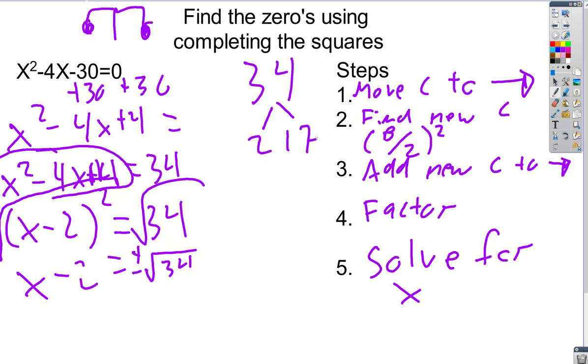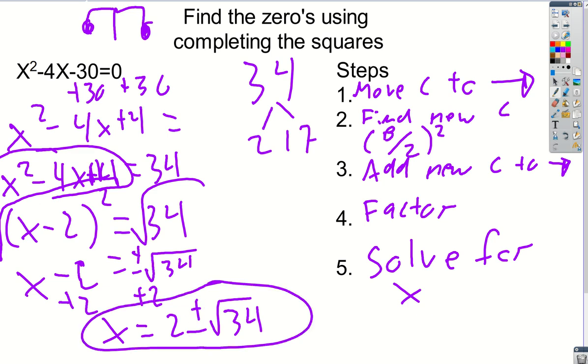So no, it has to stay just like that. And I'm going to add 2 to both sides. So x is equal to 2 plus or minus the square root of 34. And since that's my positive and my negative, I have found both of my zeros.